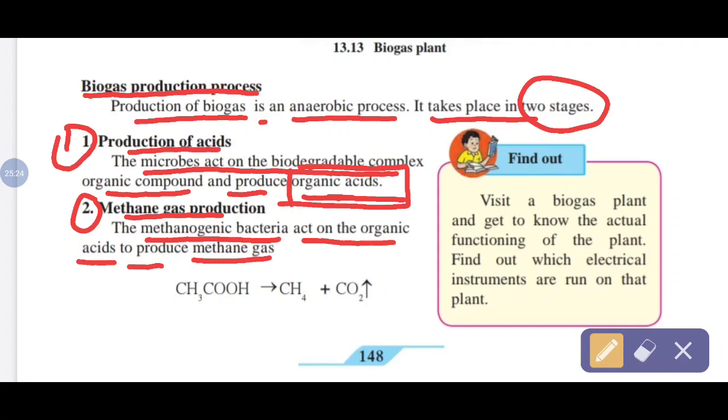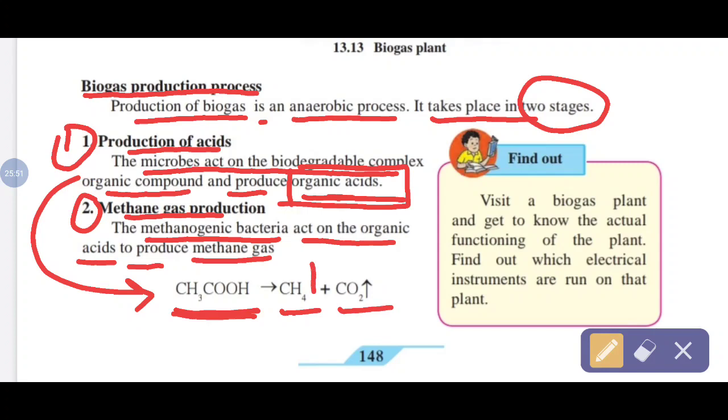So this is CH3COOH. This is the organic acid produced in the first stage. The name of this organic acid is acetic acid. Remember, CH3COOH means acetic acid. Then to form methane, that is CH4, and to produce carbon dioxide gas.